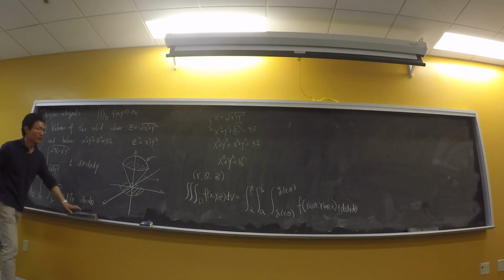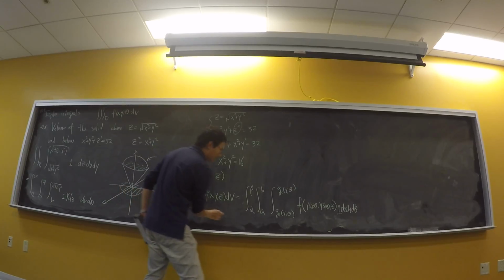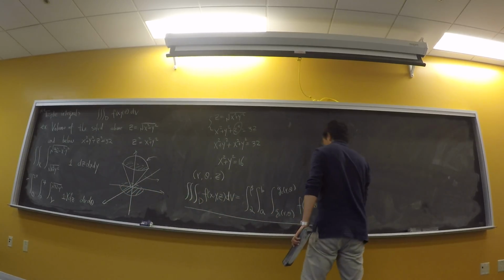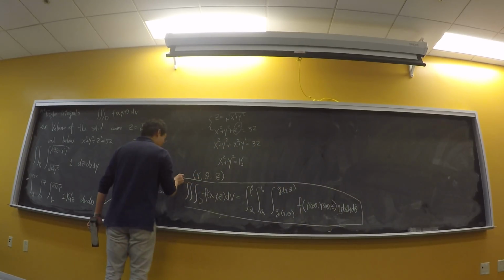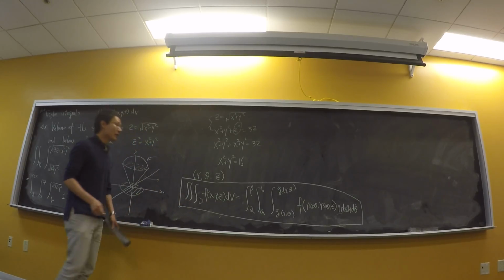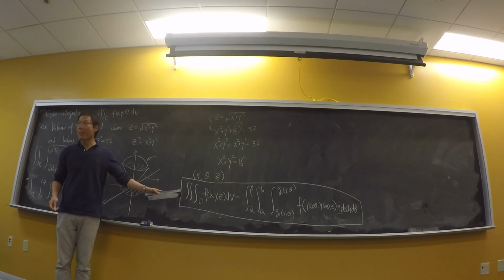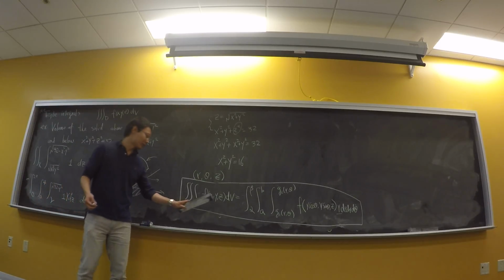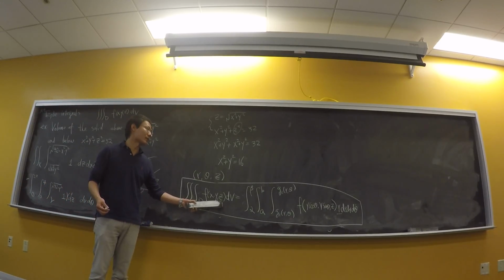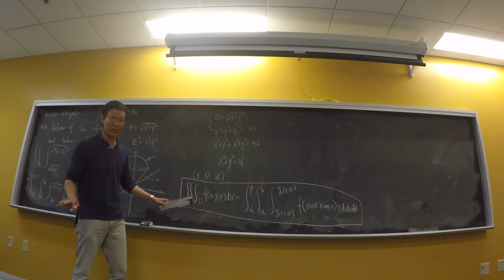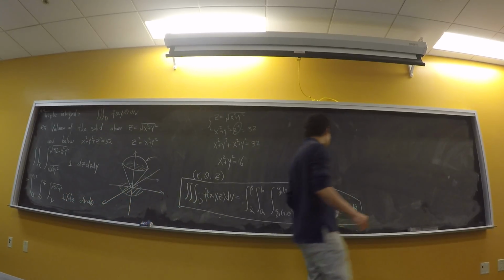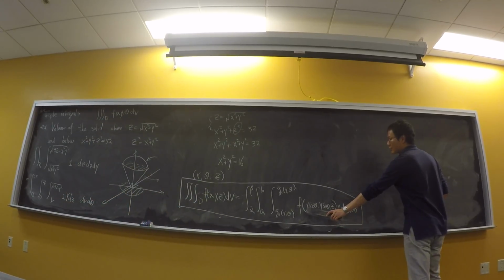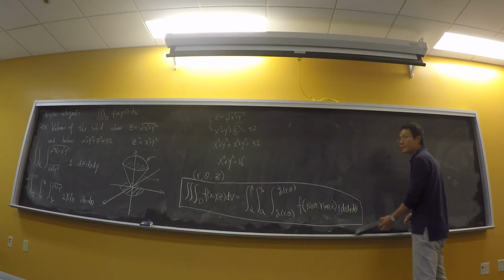So here is the general formula for a triple integral with respect to the cylindrical coordinate system. In this coordinate system, x, y still have the same relation as the polar coordinate system with r and theta. The only thing added here is one extra variable z. You still keep the same factor r, and everything has to be changed from x, y to r and theta, and you're done.